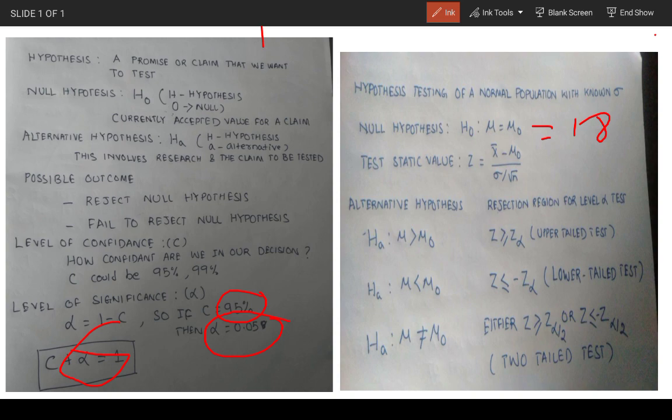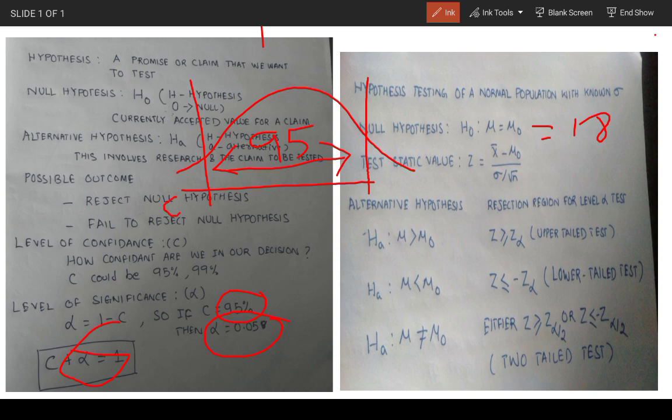So if I take a graph like this, and say this is my 95% confidence interval, that means 95% of the time it will fall under this, and something beyond this is below 5%.